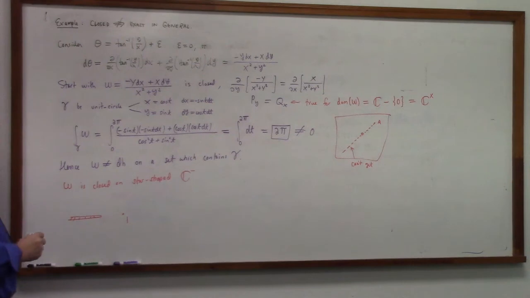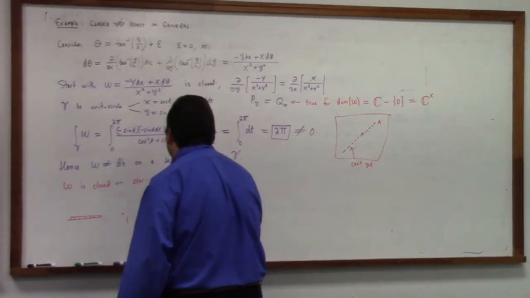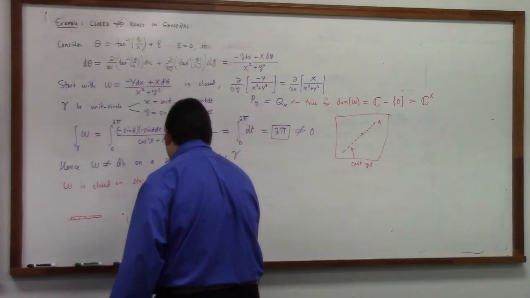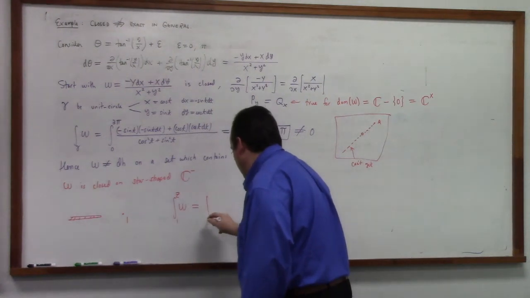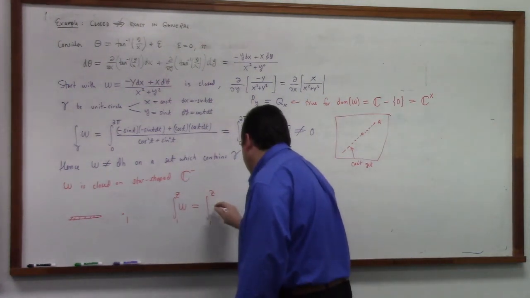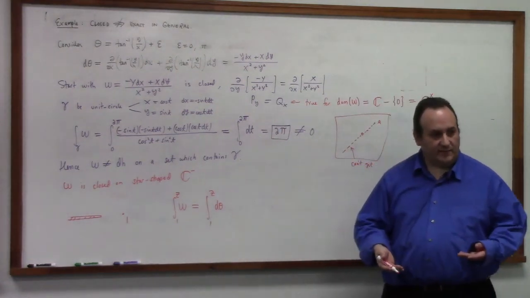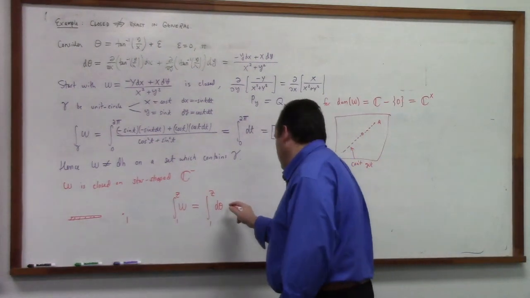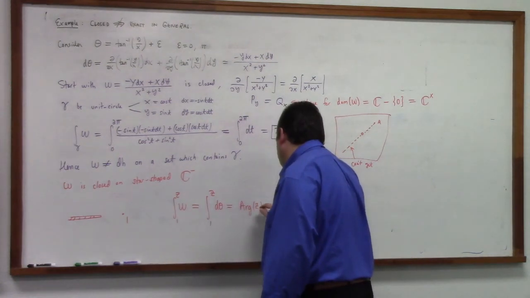And you'd have the integral of omega from 1 to z is equal to, what is it? Well, that's actually the integral from 1 to z of d theta. It's the differential of theta, right? So what that is actually is the argument of z minus the argument of 1.